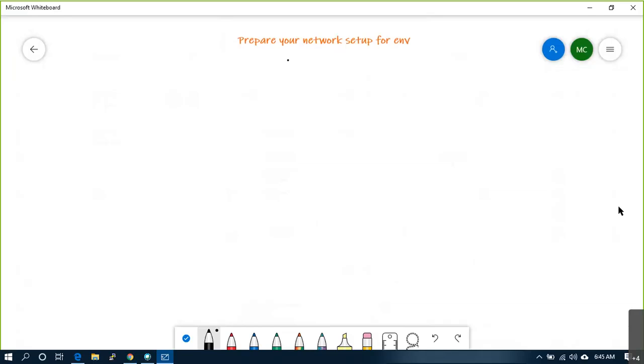Prepare your network setup means first of all we need to decide on what zone you want to have your infrastructure, how you connect to that zone, and all that proper network setup. Like how would you access your application? What kind of network do you need? Any reserved IP for you?